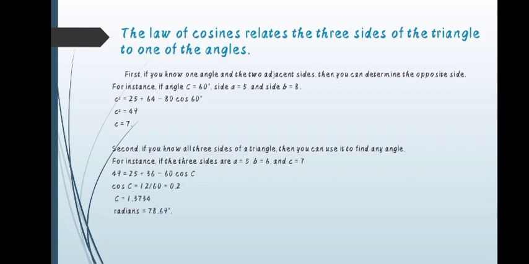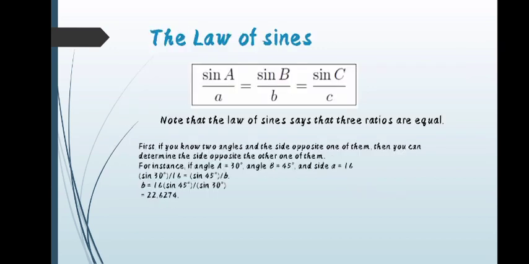For instance, if the 3 sides are small a is equal to 5, small b is equal to 6, and small c is equal to 7, 49 is equal to 25 plus 36 minus 60 cosine big C. Cosine big C is equal to 12 divided by 60, which is equal to 0.2, and arccos is equal to 1.3734 radians, and 1.3734 radians is 78.69 degrees.